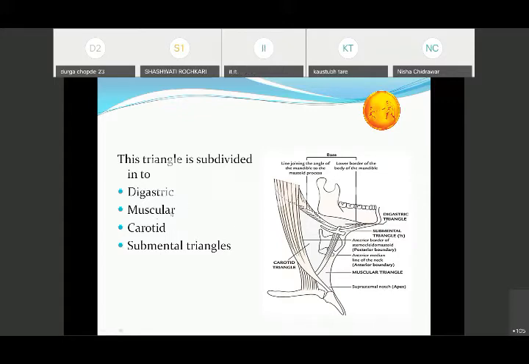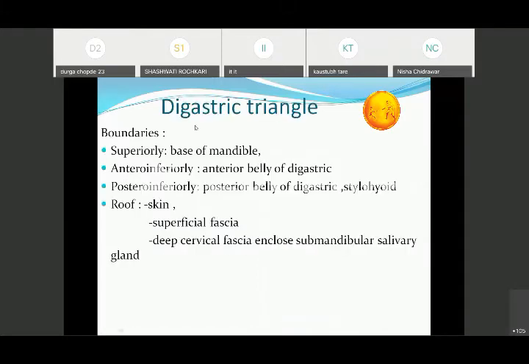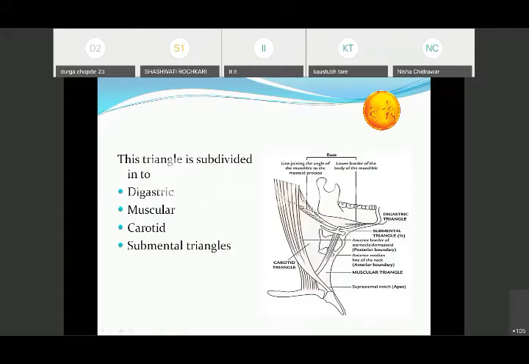Digastric triangle, muscular triangle, carotid triangle, and submental triangle. So we'll see one by one each of these triangles with their boundaries and content. If you see the digastric triangle, the boundaries are, here you can see, this is the hyoid bone.